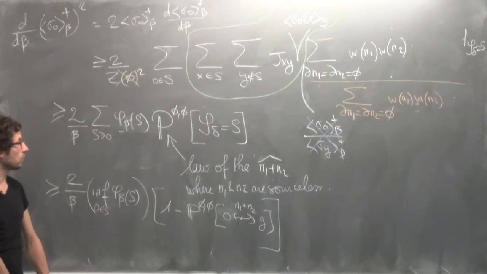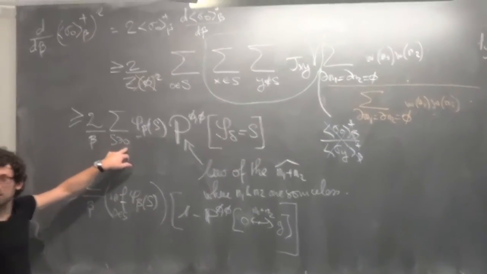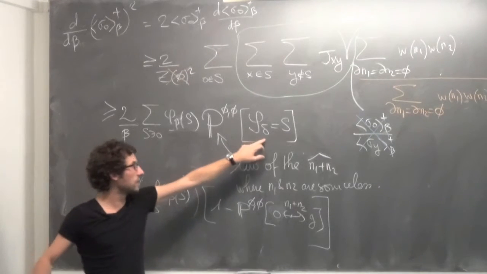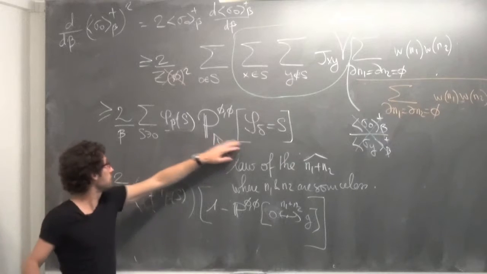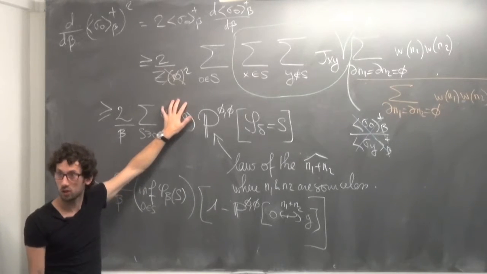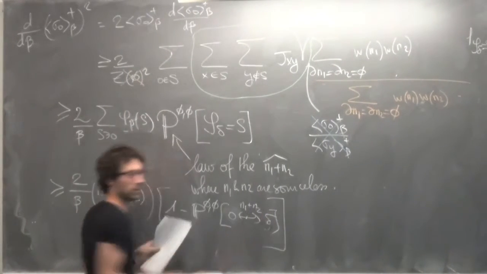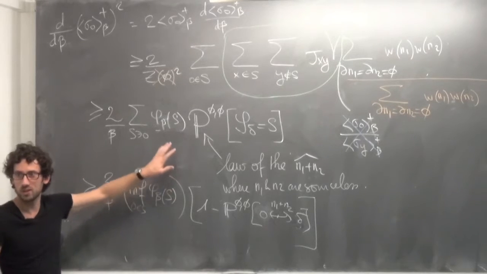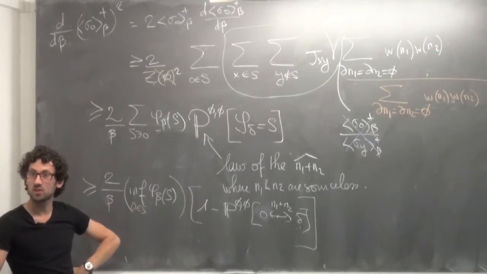You are summing over all the sets S which contain 0, so that means you are summing over all possible sets S delta which contain 0. So this is exactly saying this big thing is just the probability that 0 is not connected to delta. Note to myself, use G next time. 0 not connected to delta, so it's 1 minus.